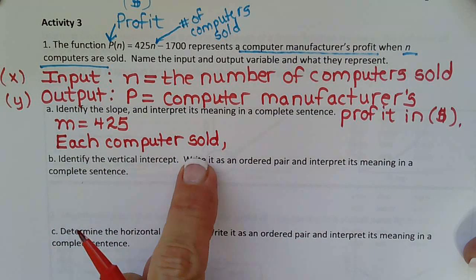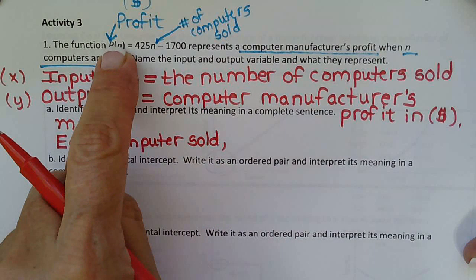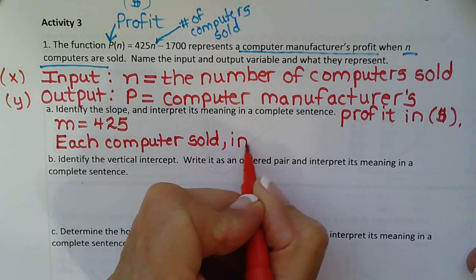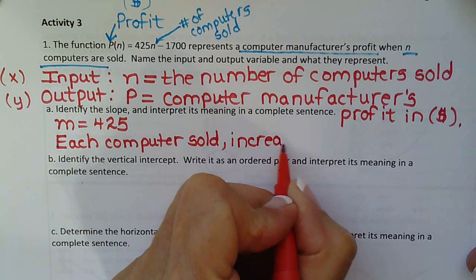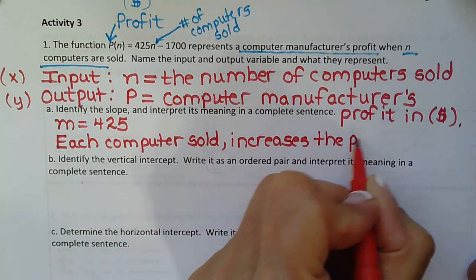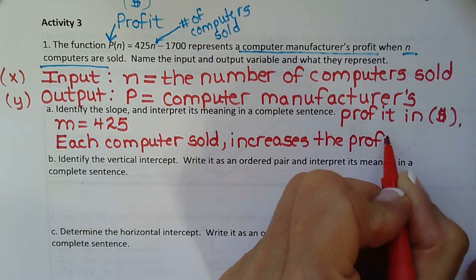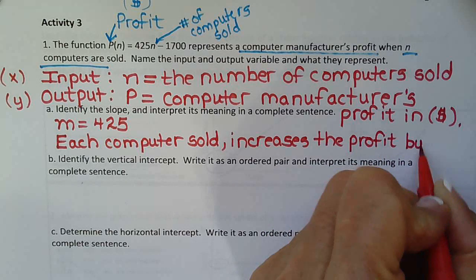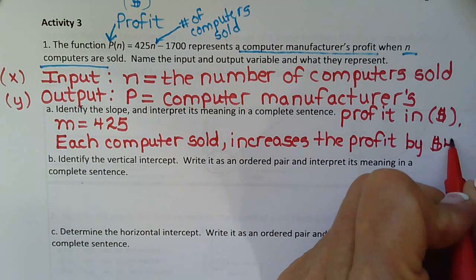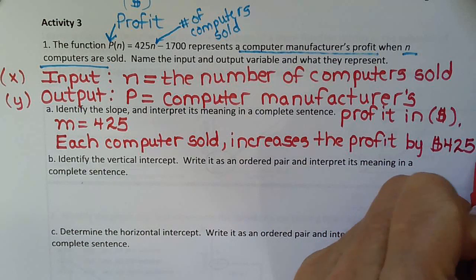So each computer sold increases the profit by $425. So increases, because it's a positive slope, the profit increases by $425. And we'll start from there on the next video.